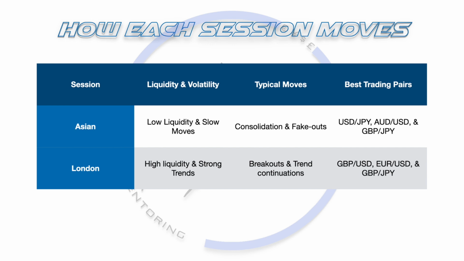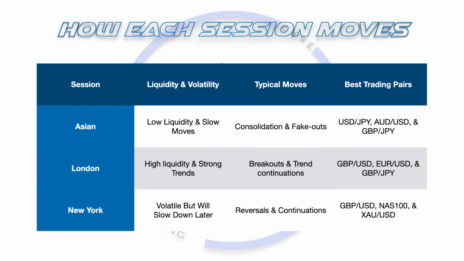Euro USD also has high liquidity, strong trend potential, and pound JPY is one of the most volatile pairs in this session. London is the session where serious traders make their money. If you want clean trends and high liquidity, this is the session to focus on.